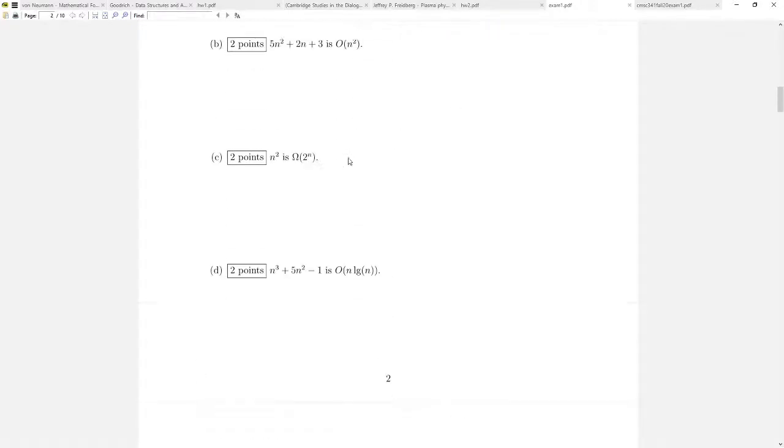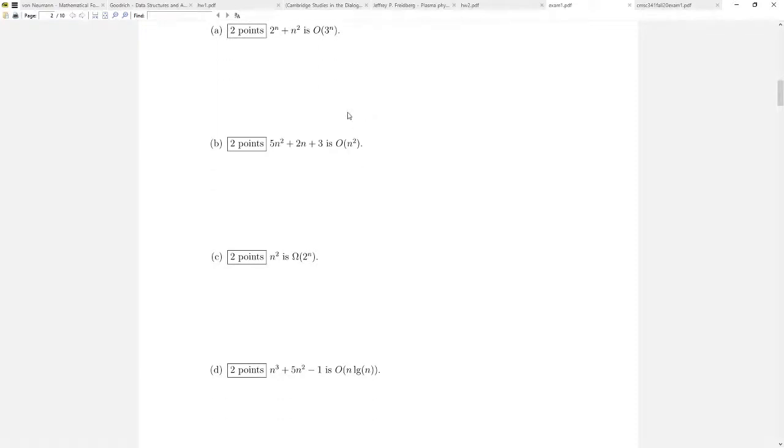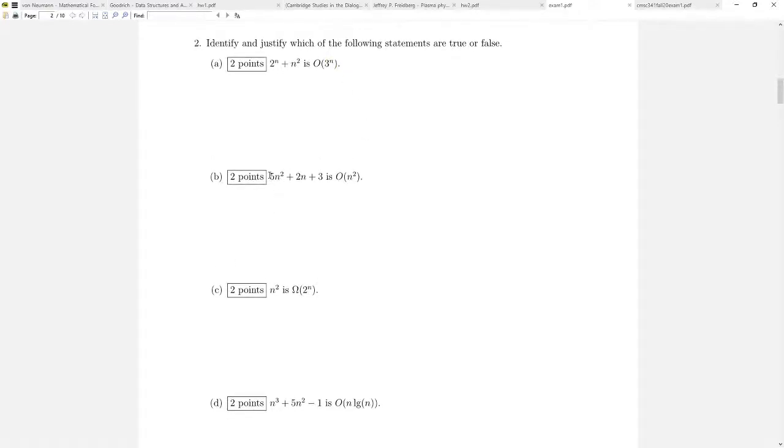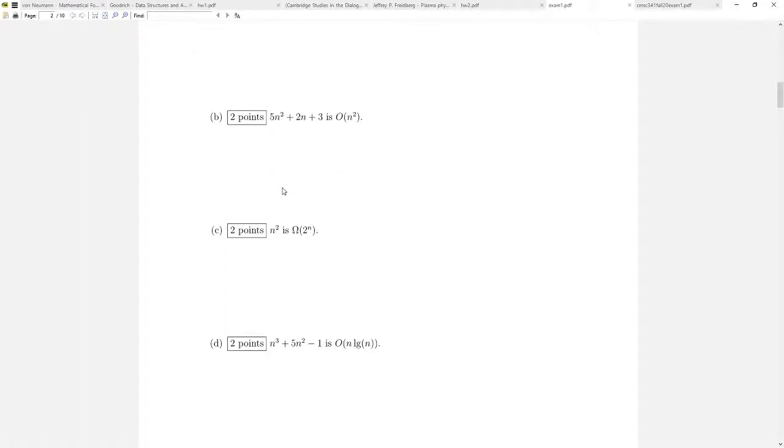Here it was a little more dangerous, because some of them can be true or false. Is 2 to the n plus n squared less than or equal to 3 to the n? This one's true. You pick a constant, c equals 10 or something, and n is equal to 2, something like that.